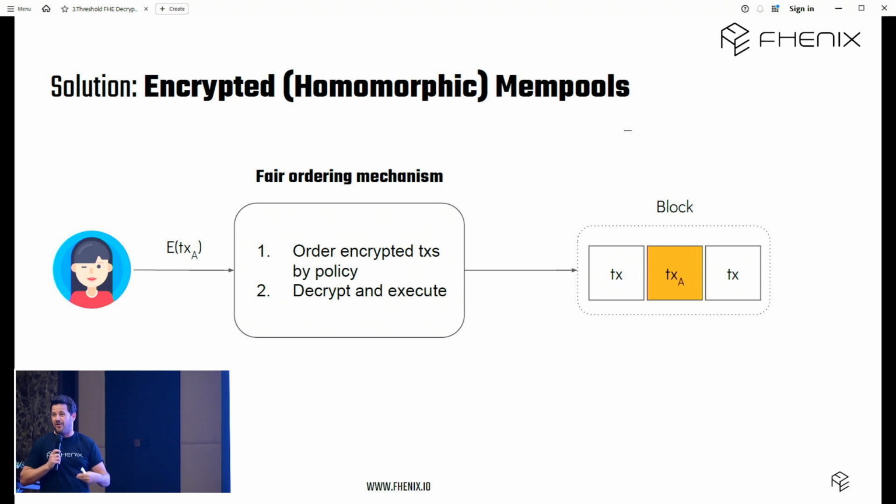Then the only realistic way is to order them based on some policy, like first come, first served, or by fee. And it's very hard to do these MEV kinds of attacks. Again, this is already happening. Only after the block is ordered do you decrypt it, and then you go and do the execution in the clear.